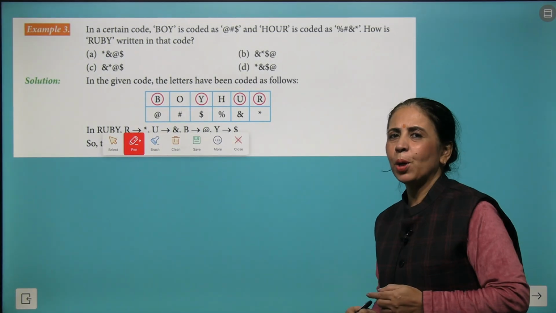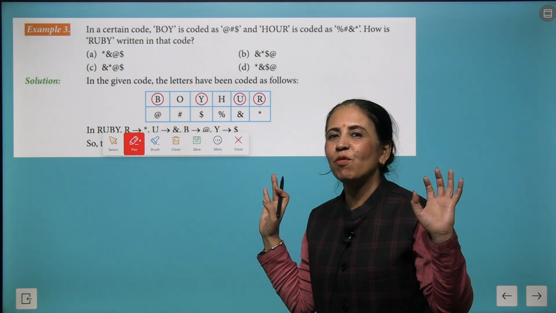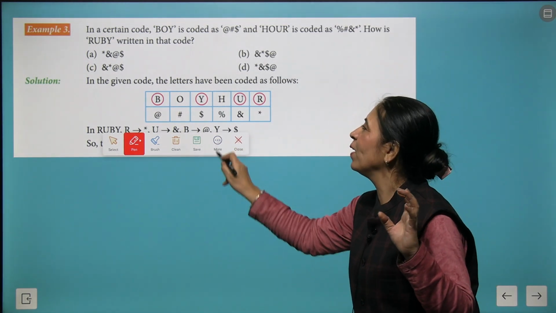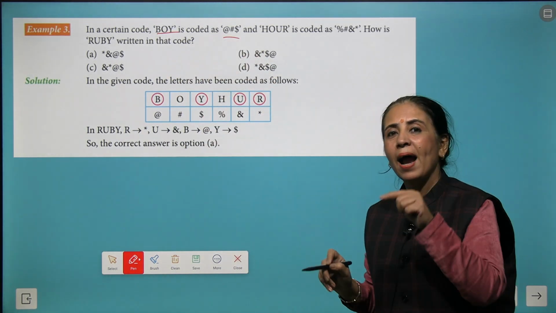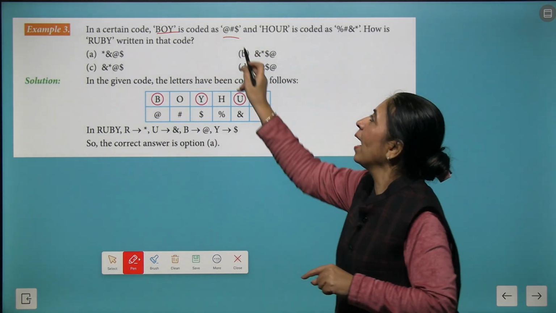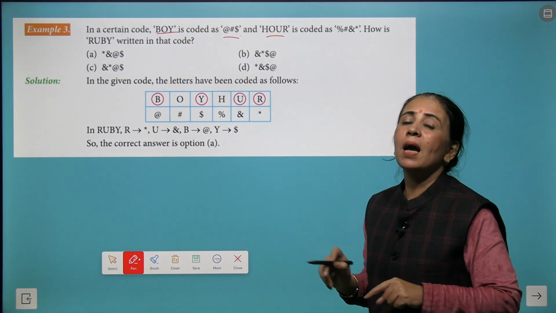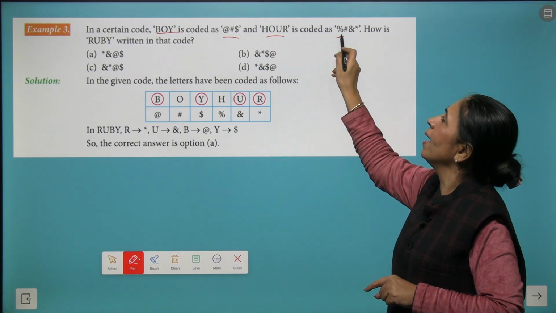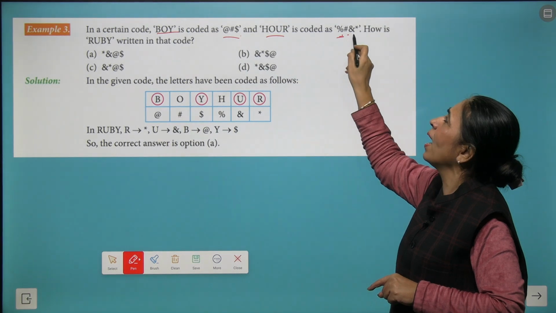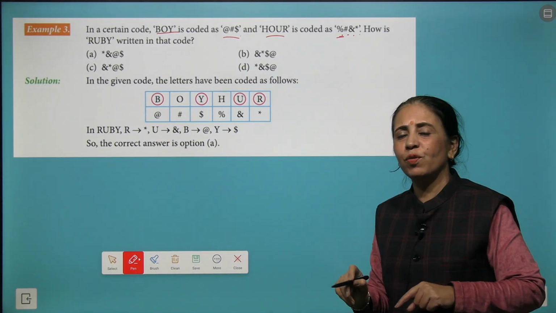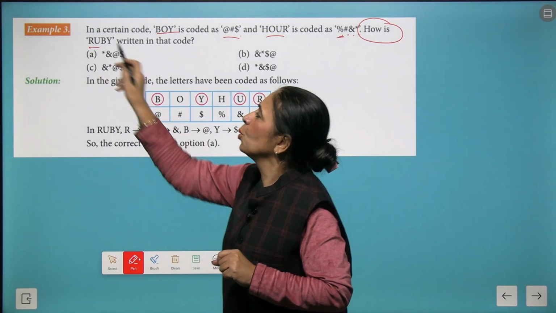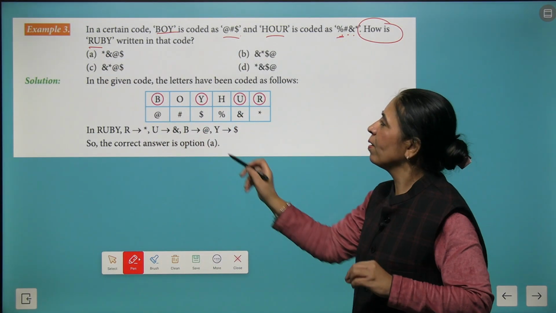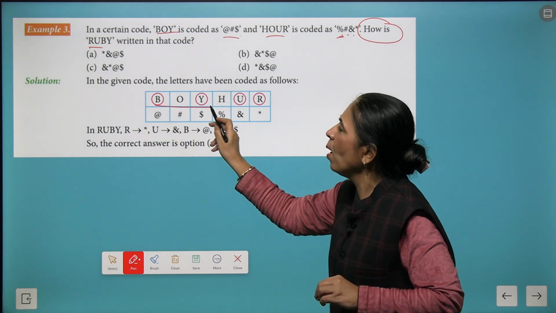Now one more interesting question, where we are not using alphabets or numbers to code, but we are using some special characters. So boy is written as @ hashtag and $. Similarly, R is written as %, hashtag followed by an asterisk. The question is, how is Ruby written? So we write the code for boy.